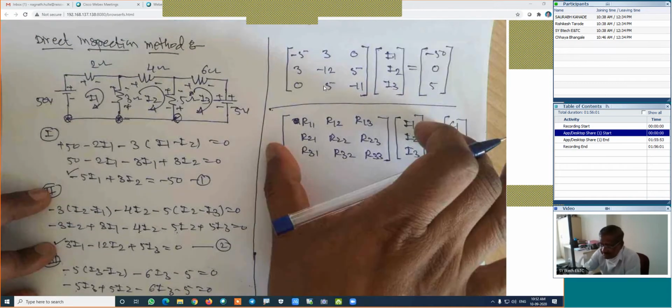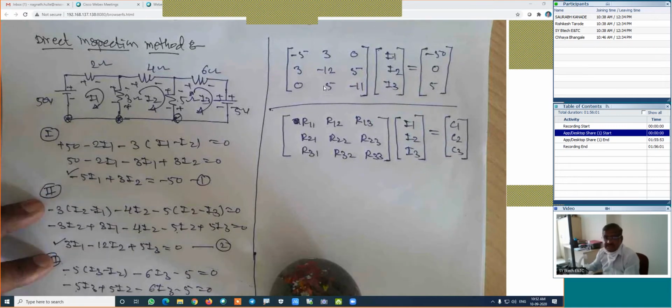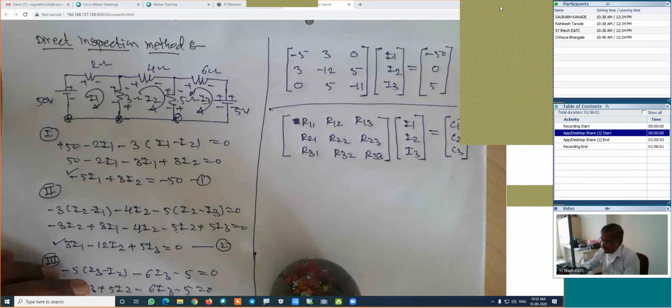We can prepare this matrix by observing the figure itself. No need to do this clumsy process. How is the case? I will discuss. If anyone has any doubt, please raise your hand.